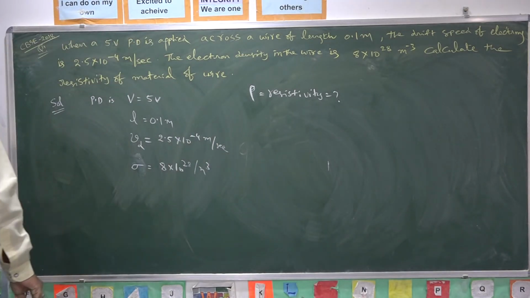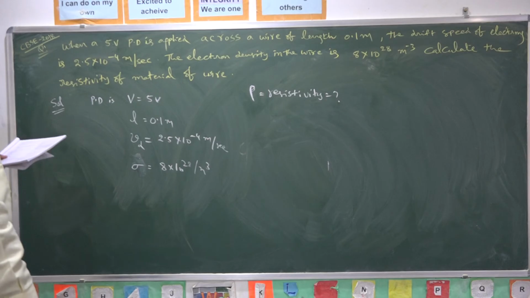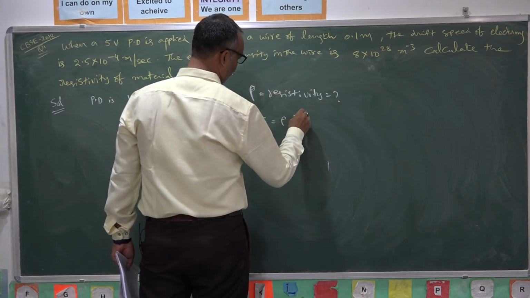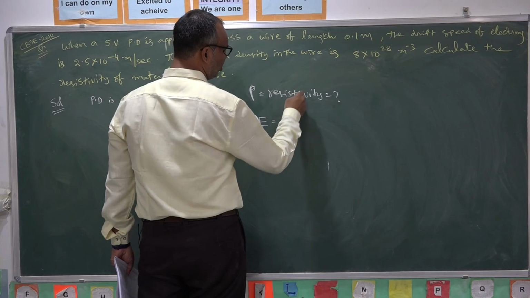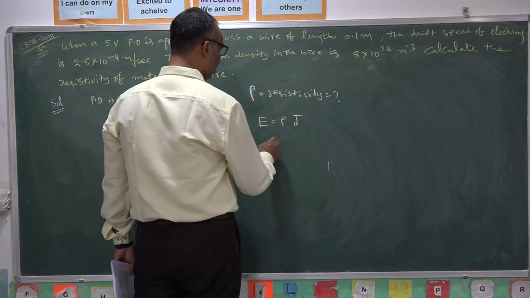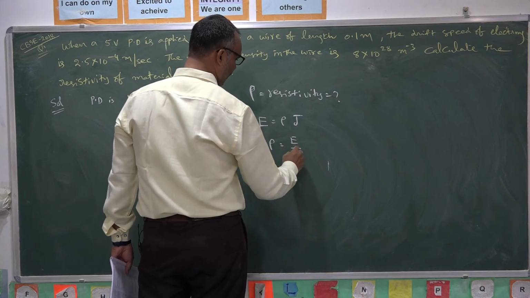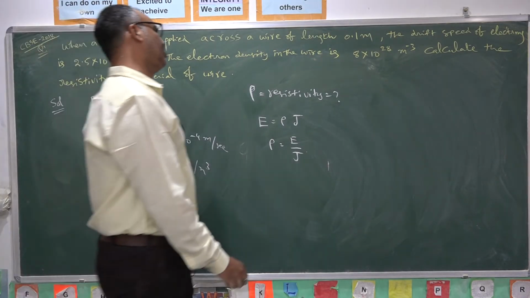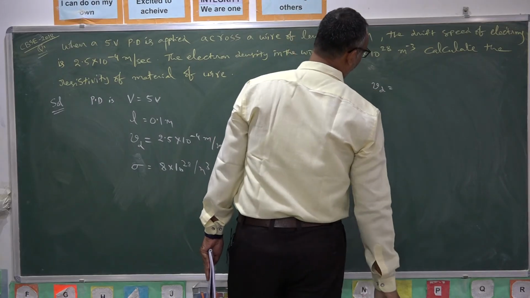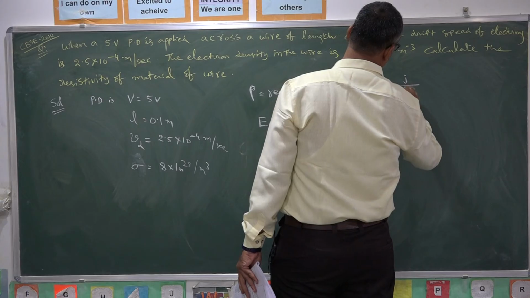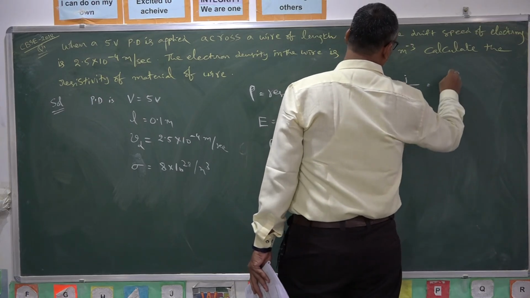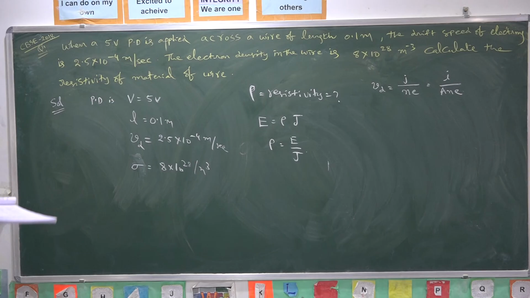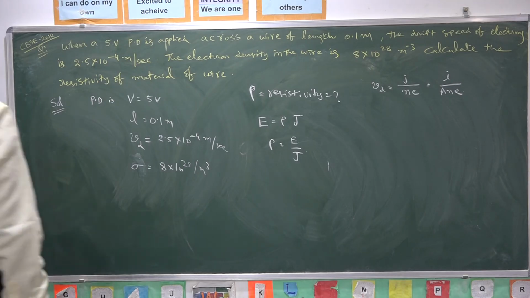So the general formula known to us is E is equal to rho J. E is the electric field strength, rho is the resistivity, J is the current density, or rho is equal to E by J. Now you know the drift velocity formula, Vd is equal to J by Ne, where J means I by A. Electron density is the number of charge carriers available per unit volume.